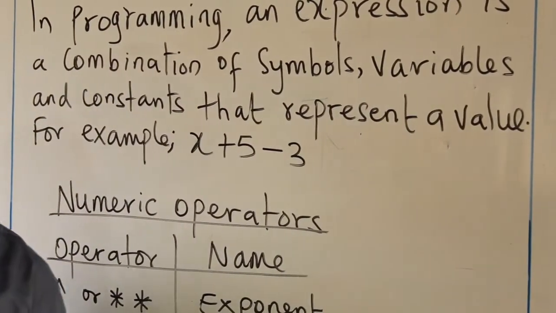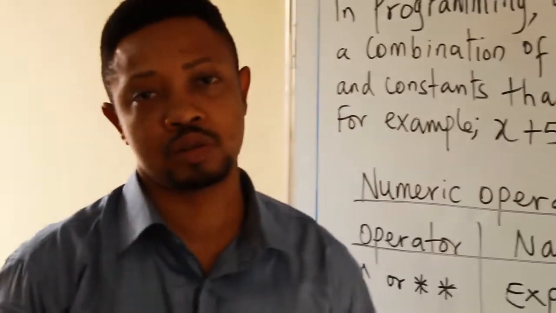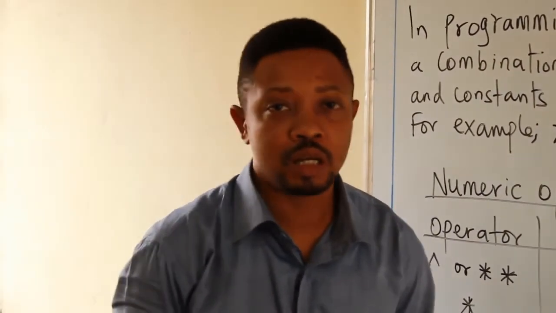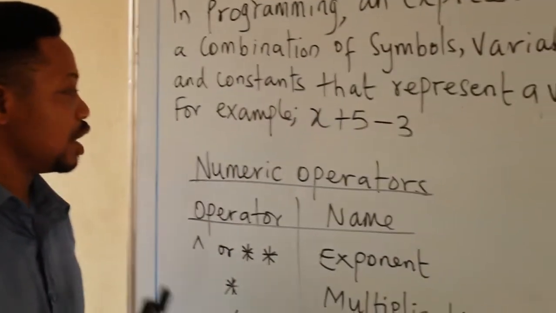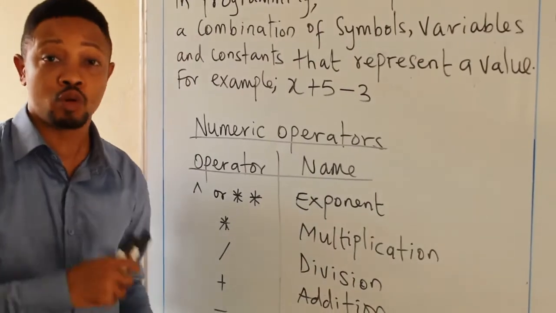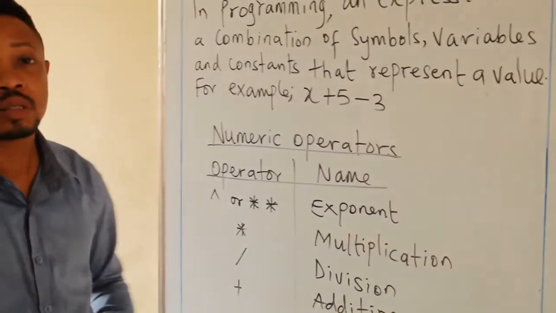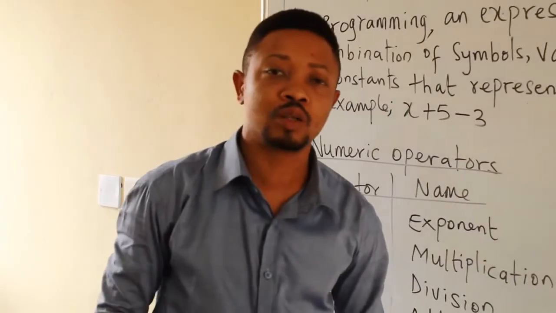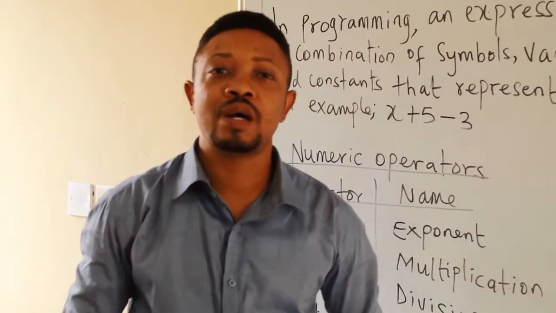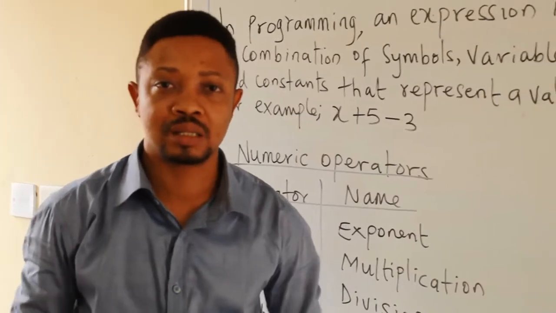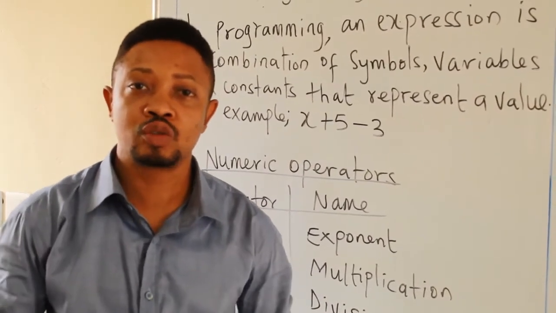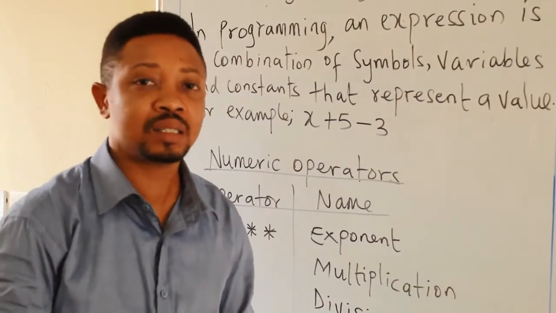Symbols are also known as operators. Like you can see on the board here, I have written numeric operators. I have the operator and I have the name. We will come back to that. We also have variables. Variables are letters or words that are used to represent an identity.